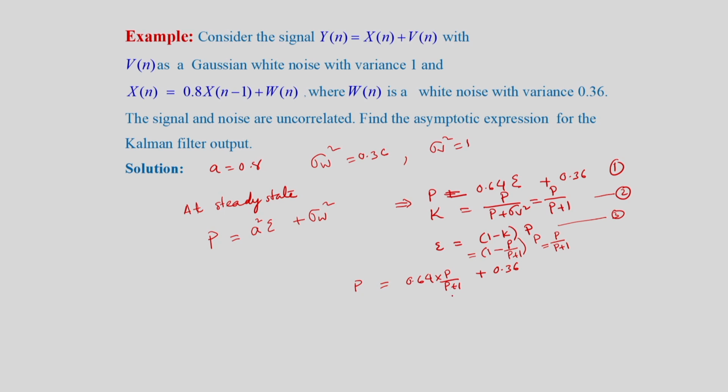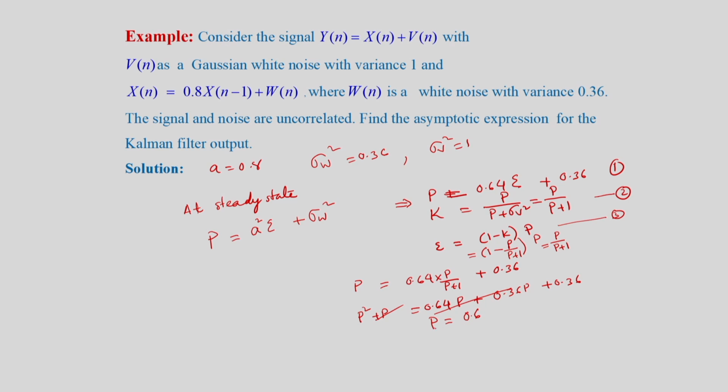So multiplying by P plus 1, what we will have is P square plus P will be equal to 0.64 P plus 0.36 P plus 0.36. Therefore 0.64 P plus 0.36 P will be P only. So this P and this P will get cancelled. We get P square equal to 0.36, so P is equal to the square root of this, a positive quantity, therefore P is equal to 0.6.